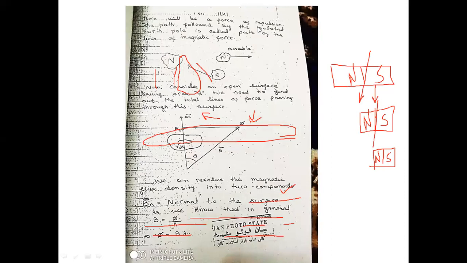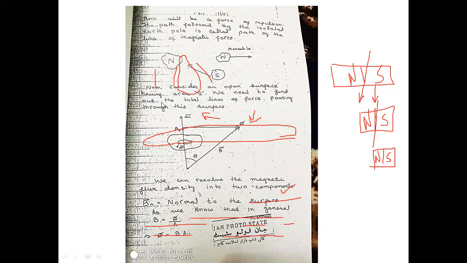The path followed by the isolated north pole is called the path of the line of magnetic force. We will call it magnetic lines of force, just like electric lines of force. Now this figure demonstrates attraction and repulsion. Now consider an open surface having the area S.